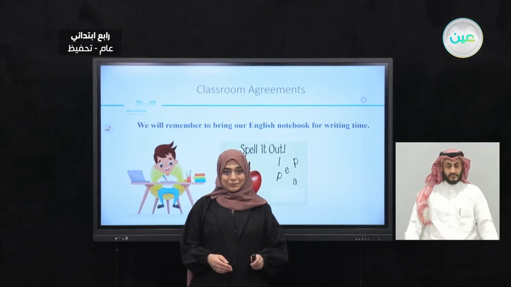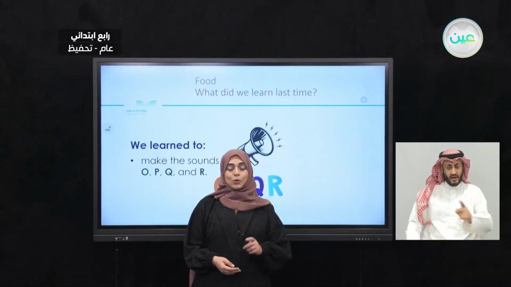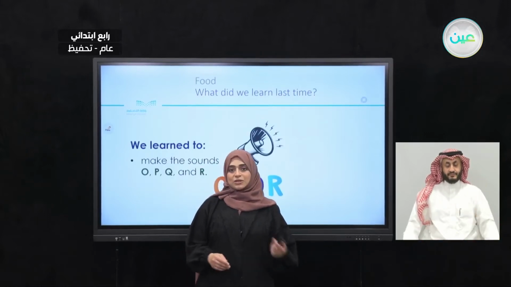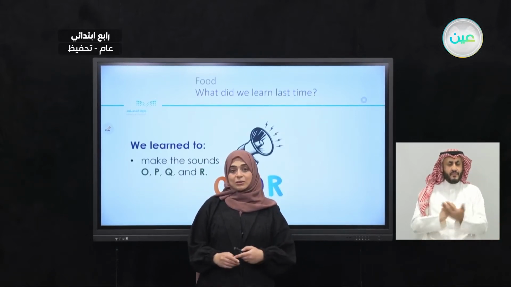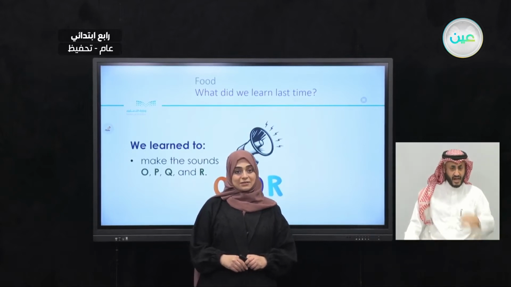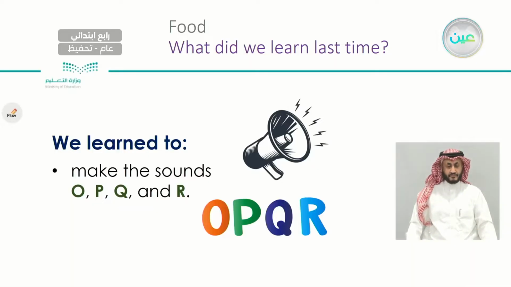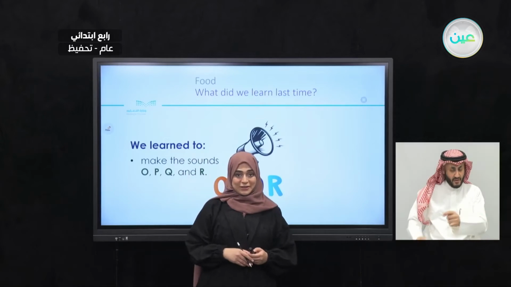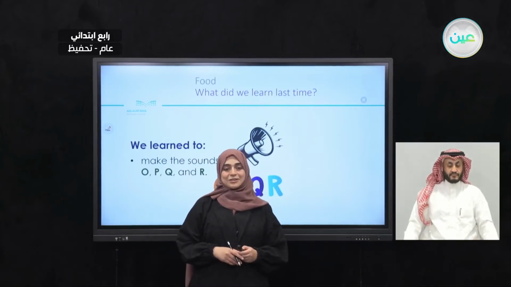Are you ready? So let's review what we took last time. So what did we learn last time? So last time we had a phonics lesson. Let's go over that real quickly. We learned to make the sounds of the letters O, P, Q, and R. Do you remember the words that started with these letters? Good.